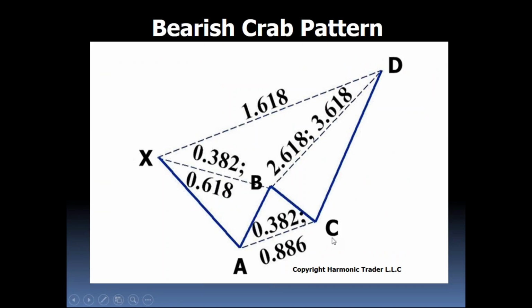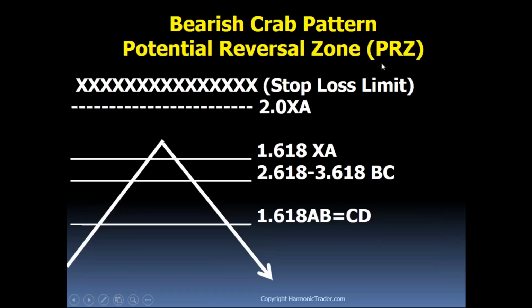Now, bearish crab patterns, again, are W structures defined by the B point with a 1.618 at the D. The bearish crab potential reversal zone, you're going to have your three primary numbers, most notably the 1.618 XA leg, your extreme BC, and your alternate AB equals CD.